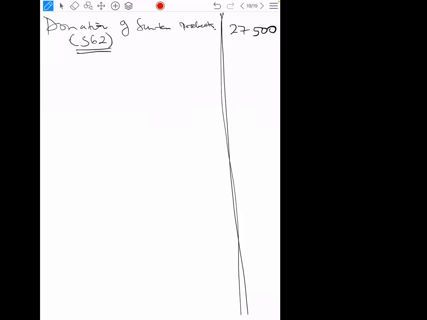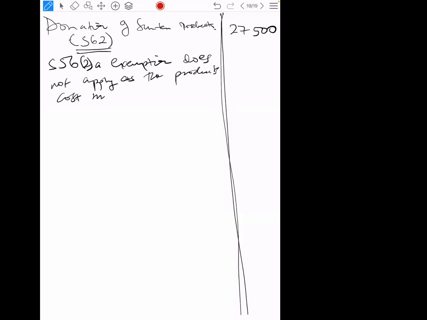So now, if you want to go a step further, you would say maybe here that section 56 2A exemption does not apply as the products cost more than 10,000. Hence, not a casual gift.